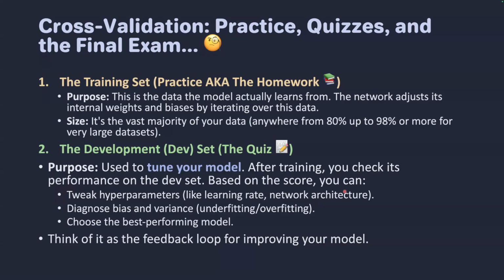Do I need to change some of the nonlinear functions that I'm using? Maybe I'm using ReLU and now I need to change to, I don't know, leaky ReLU or whatever. So you're making choices about tuning your model and then training another model so that it learns a new set of weights and biases with the new hyperparameters that you've tuned.